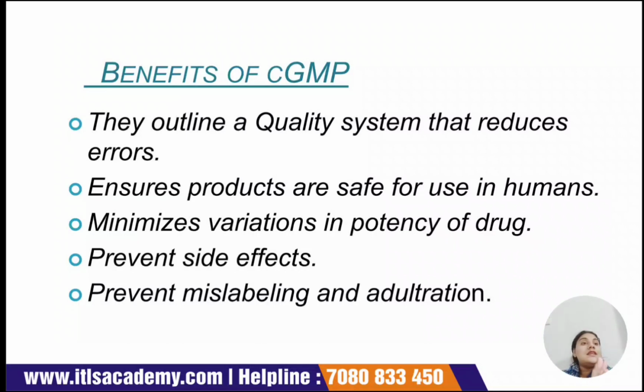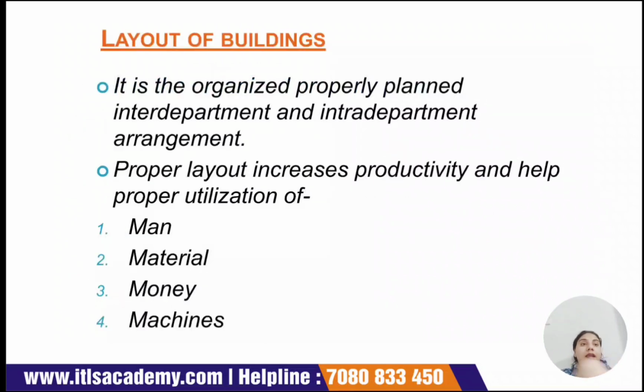So all these things are part of the importance of CGMPs. If any industry has CGMP guidelines or works on the basis of CGMP guidelines, that company will produce a drug that will be effective, safe, and free from any source of microbial contaminant.